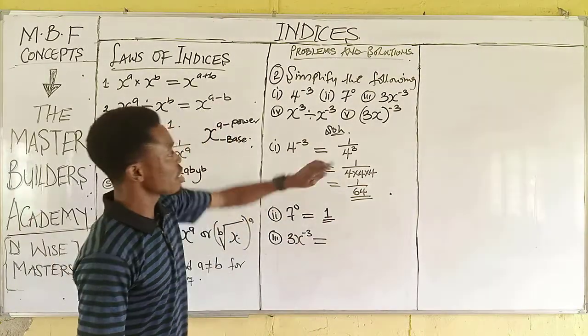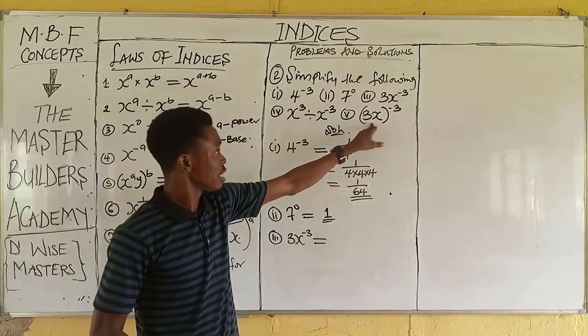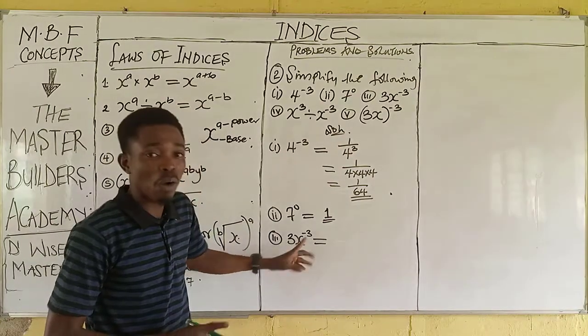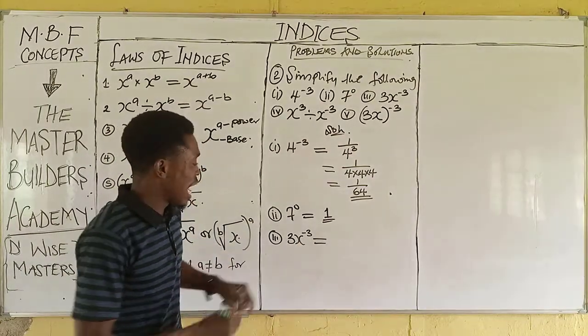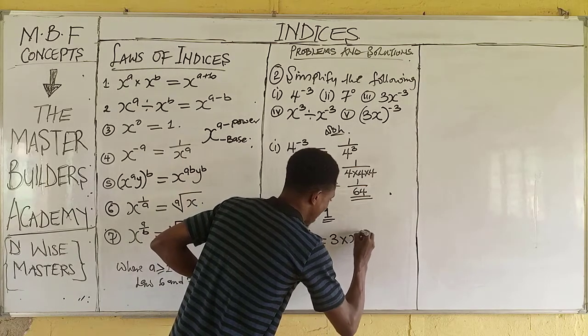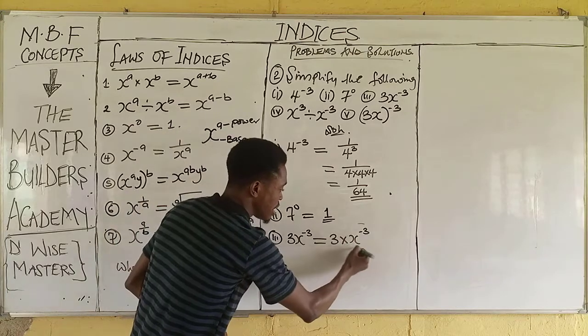Is that correct? So this is the difference between this question 3 and question 5. This and this, they are not the same. So for this now, this power only affects x. And then I can have this as 3 times x raised to the power minus 3. Then I will now work on this.